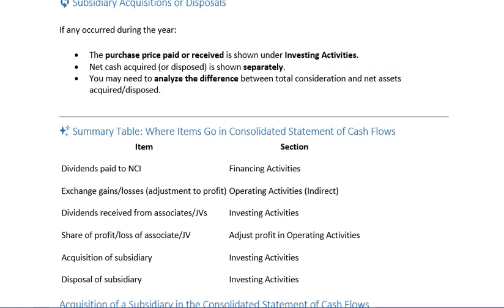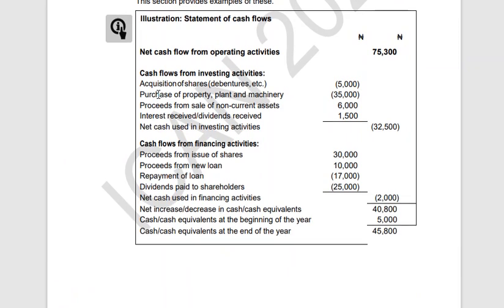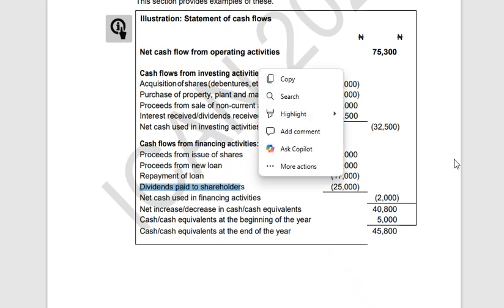Since I'm sharing the whole screen, let me show you something in your ICAN study pack as well. So this is a separate financial statement, right? And here they put dividend paid to shareholders under financing activity.